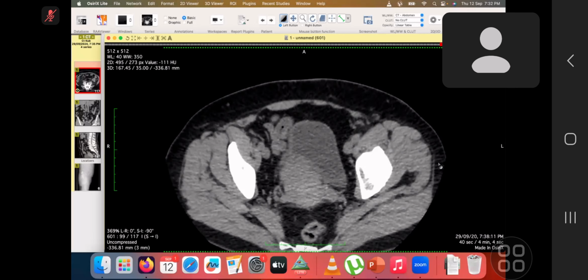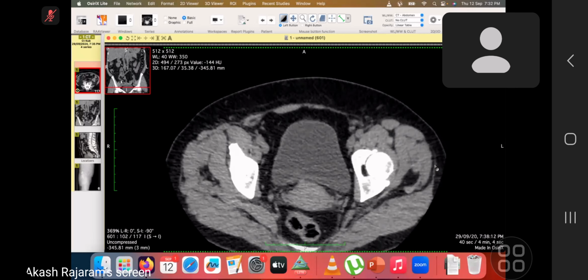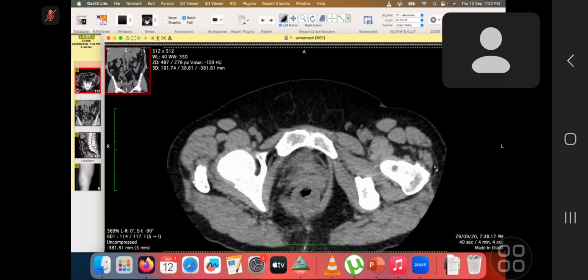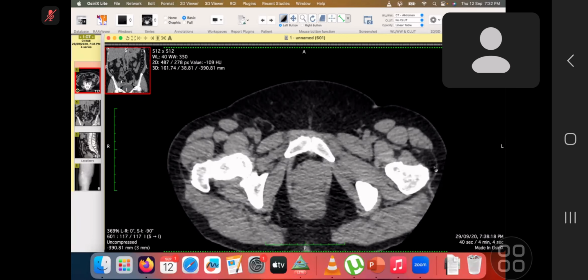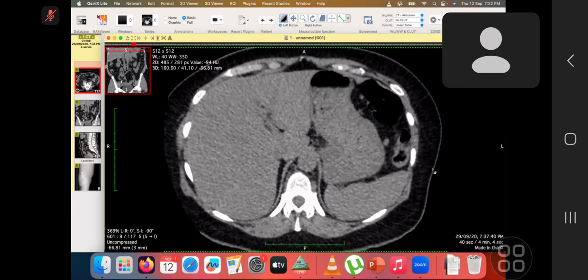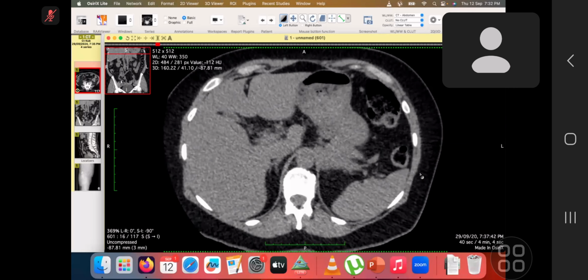I can see some high density metallic-like densities in the lower abdomen, and scrolling through the images.